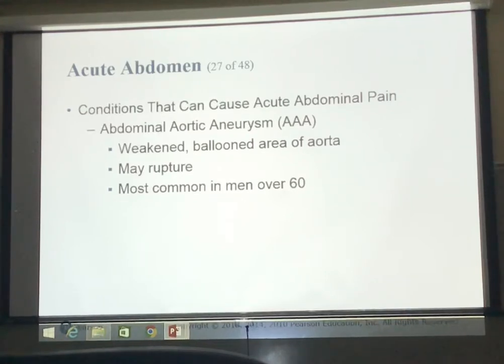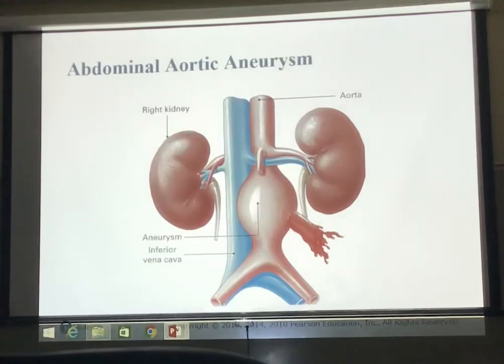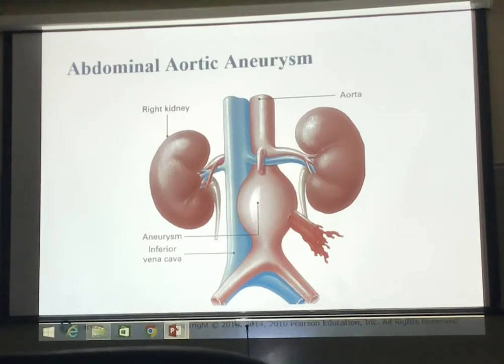Most common in men over 60. AAA is weakened, ballooning, an enlarged area of the wall of the abdominal aorta. This is what it looks like.